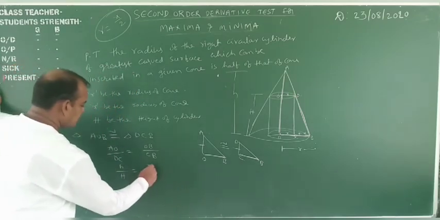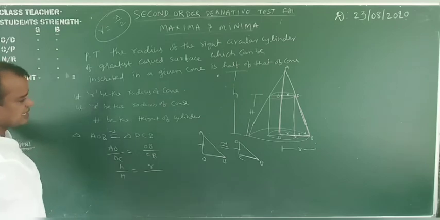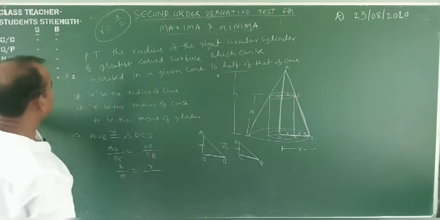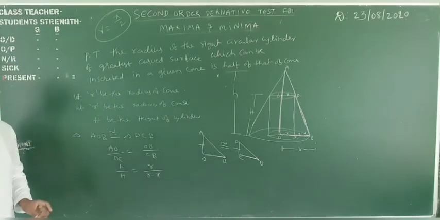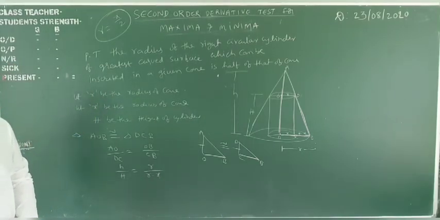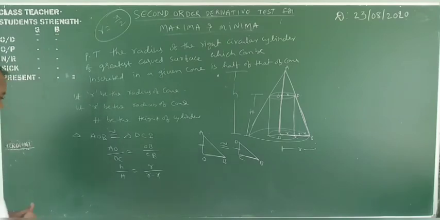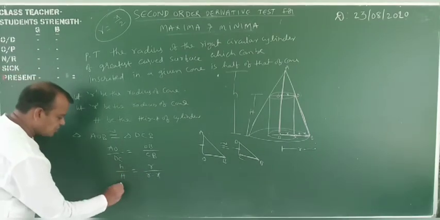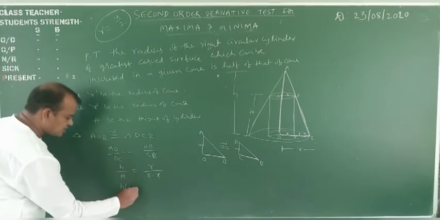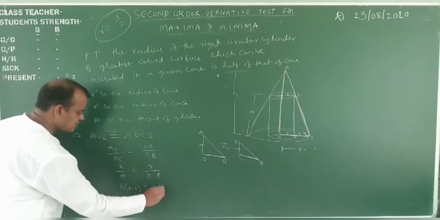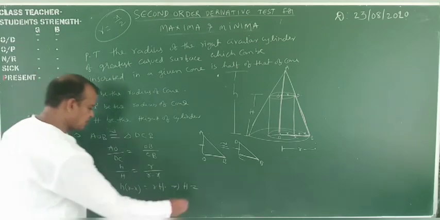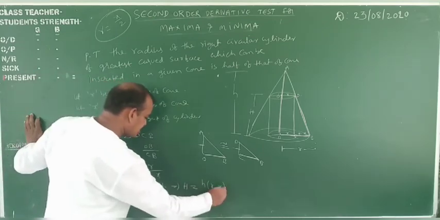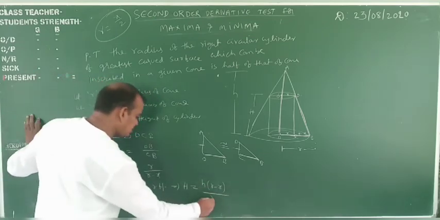OB means R, CB means R minus X. From this, cross multiplication: H into R minus X is equal to R into h. Now from this, small h is equal to H into R minus X by R.